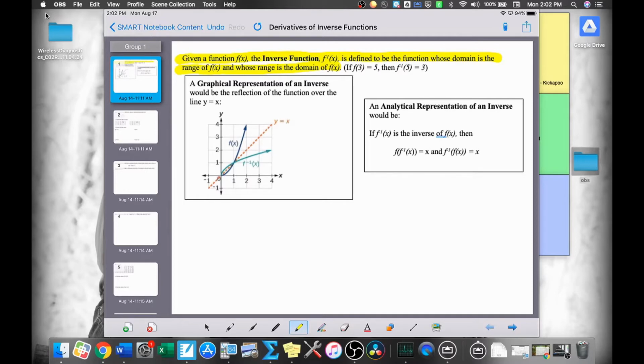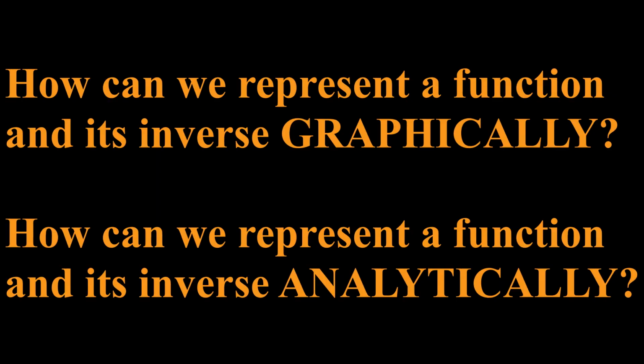So our analytical representation is: if f inverse of x is the inverse of f of x, then the composition f of f inverse of x is equal to x, and f inverse of f of x is equal to x. So that's the idea of f of x and g of x being a function and its inverse. We're just not calling the inverse g of x, we're calling it f inverse of x.